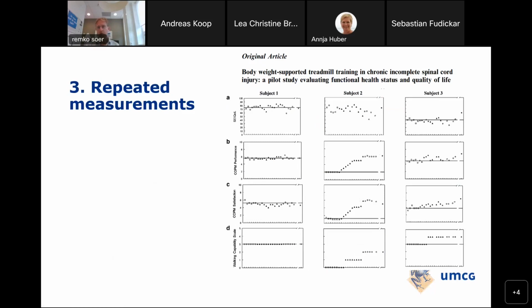So body weight supported treadmill training is not going to help this patient that much, unless you see others. Not so much in quality of life. It fluctuates, a bit more above the baseline average than below. You don't really see it in performance.